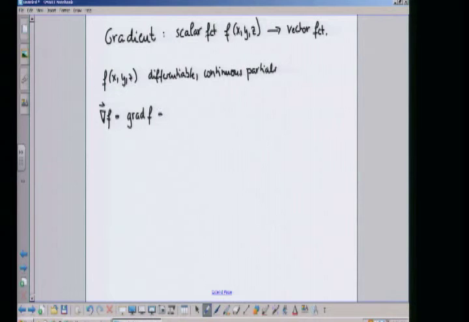This is defined to be df dx, partial derivative of the scalar function f with respect to x in the i direction, df dy in the j direction, plus df dz in the k direction. So you clearly see this produces a vector. You start with the scalar function f, and then you produce a vector that has these 3 components, right?